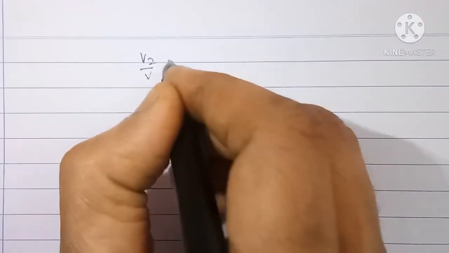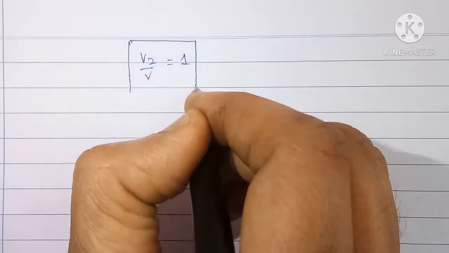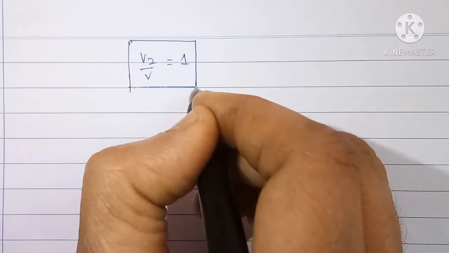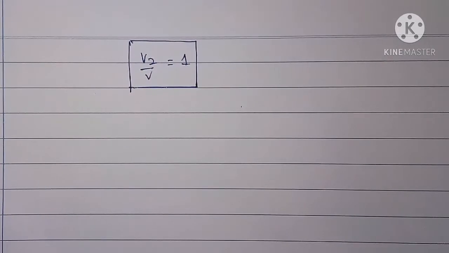Or V2 upon V is equal to 1. Which means that volume of conductors used in DC 2 wire system and DC 3 wire midpoint earthed system are equal.